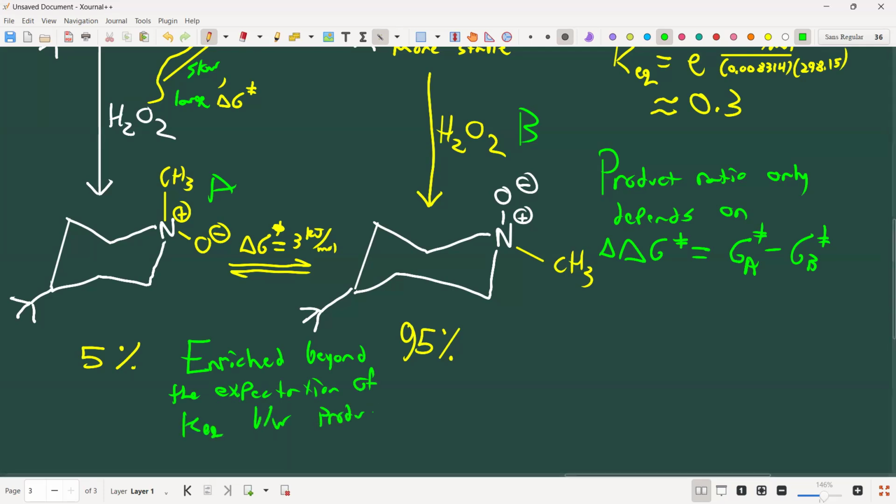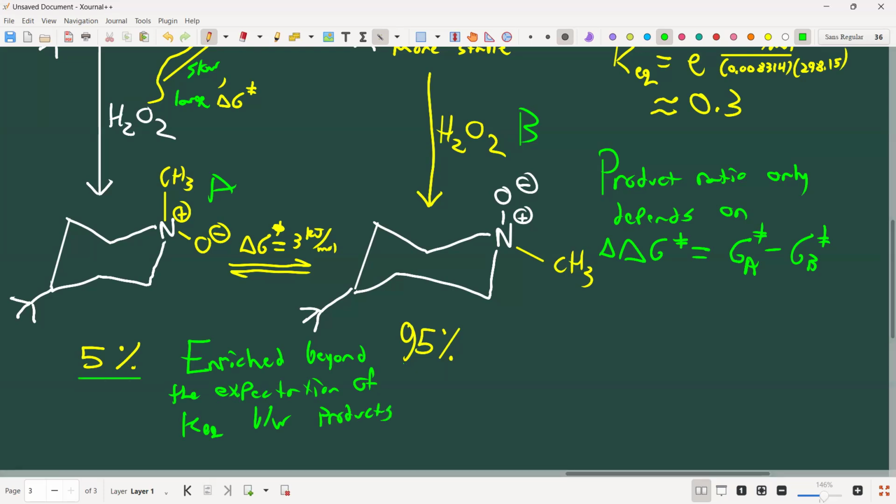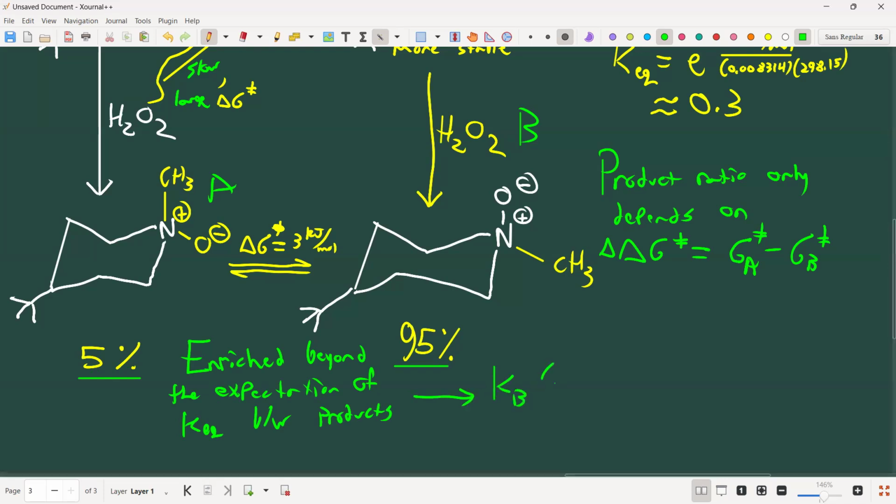The products are basically the same energy, but we get a lot more of one than the other. And that's because the rate for B, KB, is much, much faster than KA.